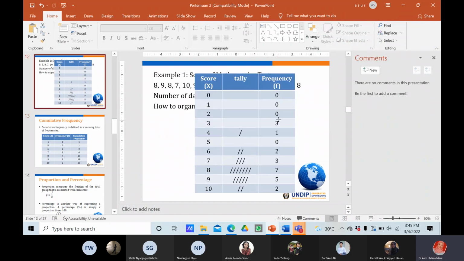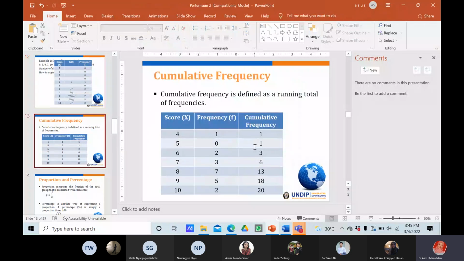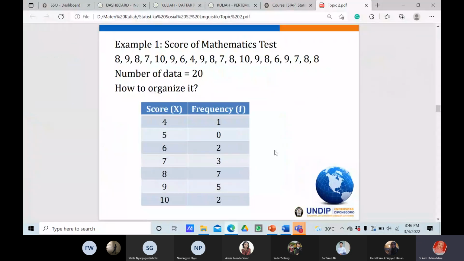Because scores 0, 1, 2, 3 have no students, we can delete those rows and start from 4. Then I write on this slide, starting at 4.